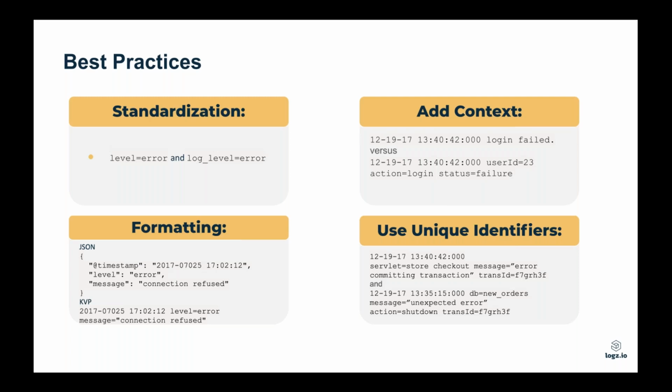Next, moving forward to formatting, you can see here that both of these messages, in both JSON and key value pairs, provide information to any user who could come in here.